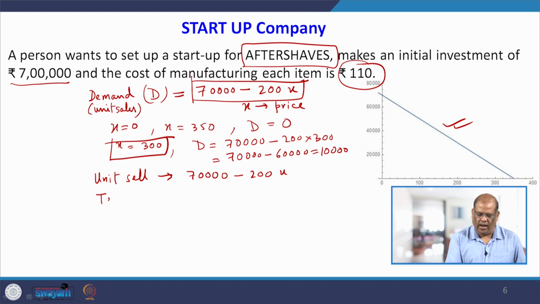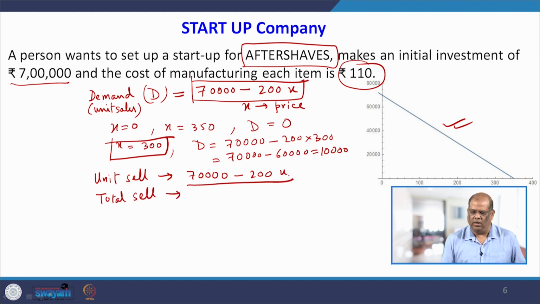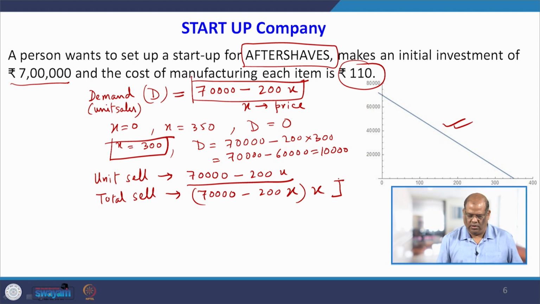So, total sale. This is the total number of units and I will sell at a price of x, which I have to determine. So, I multiply this by x. So, this is my total selling price of all the products.